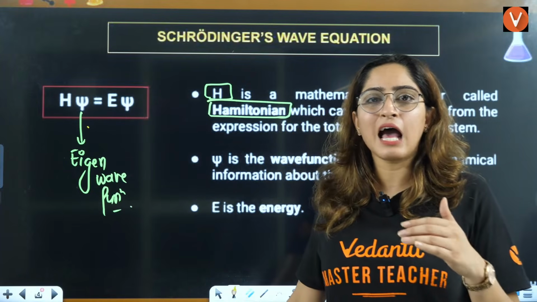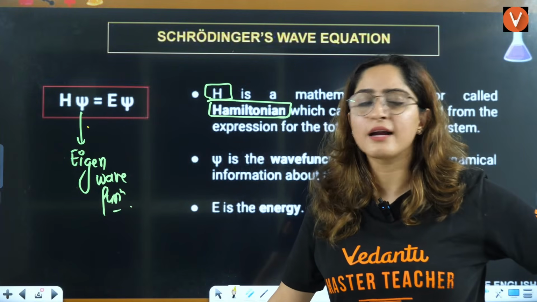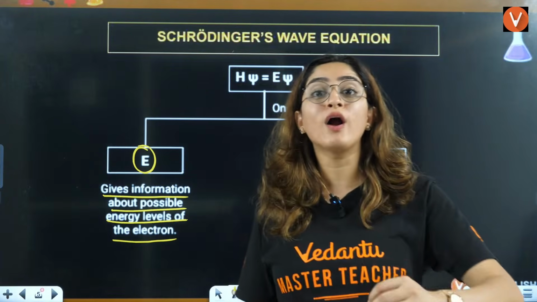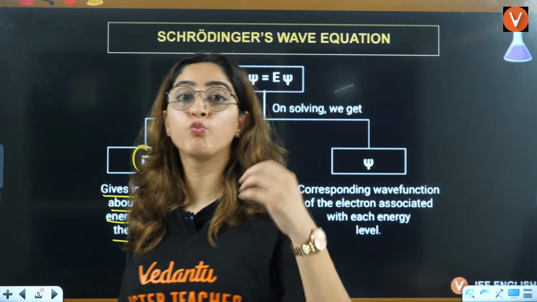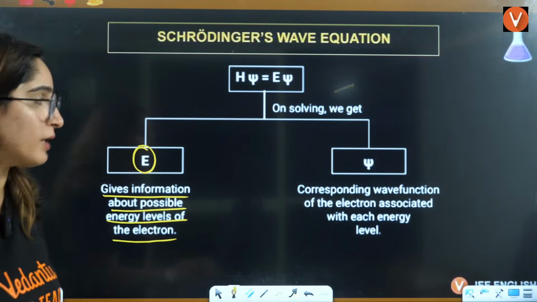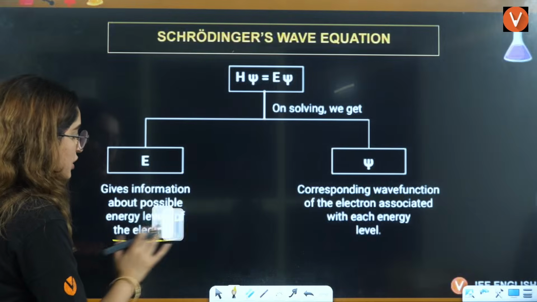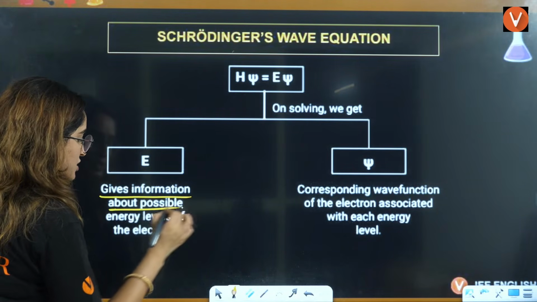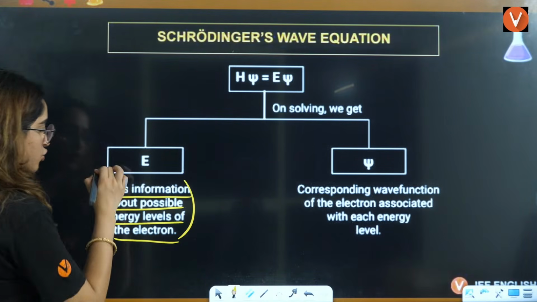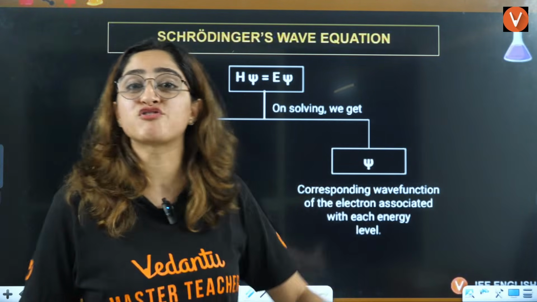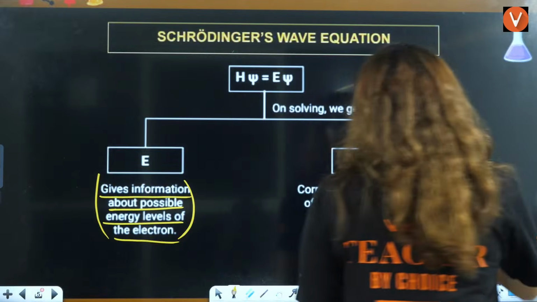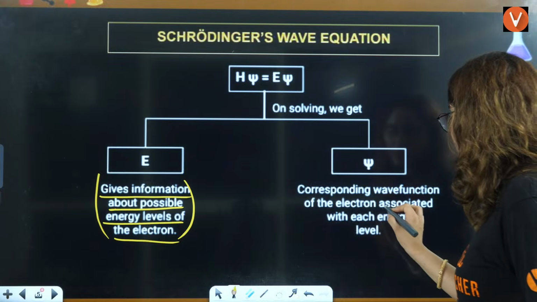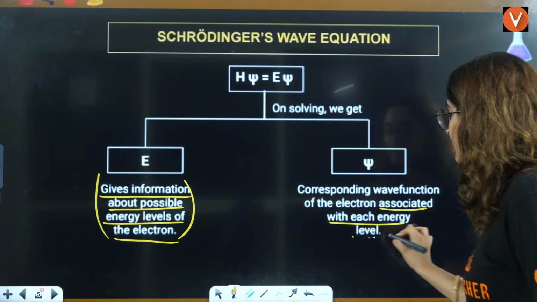But our task is not to solve this equation. Our task is to understand what the application part is, what it is going to give you. Energy here gives you information about possible energy levels of the electron, where the electron is lying, and this psi gives you the wave function of the electron associated with each energy level.